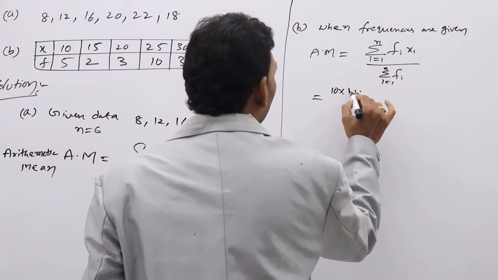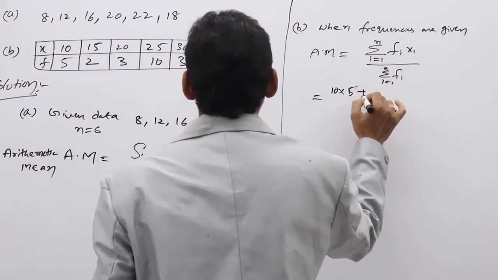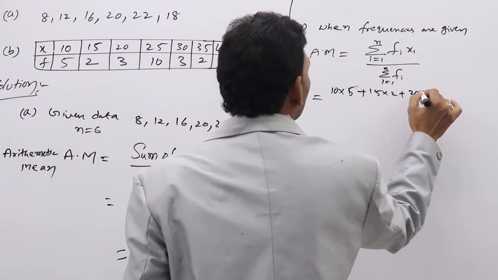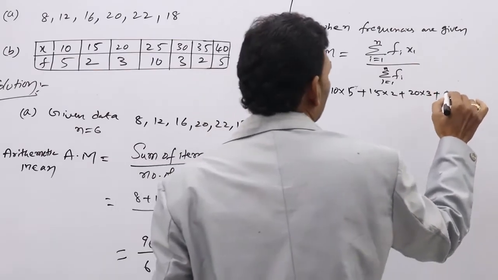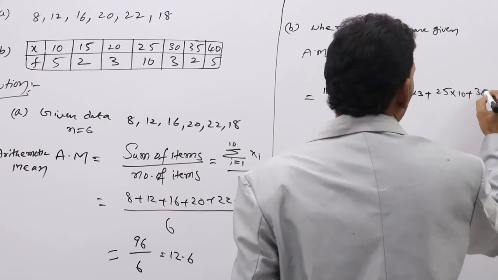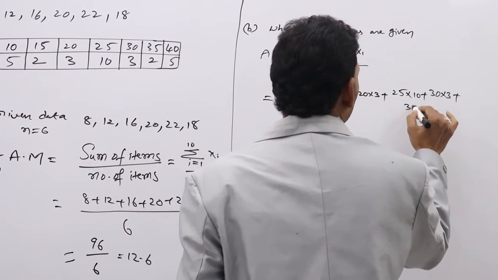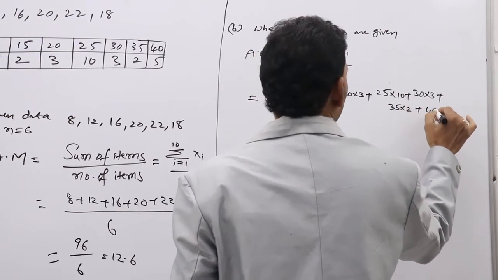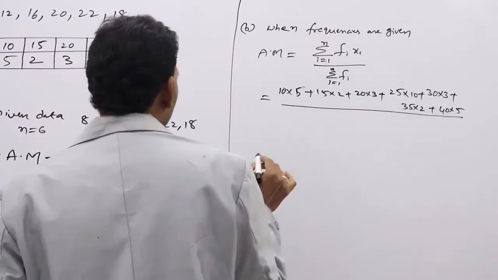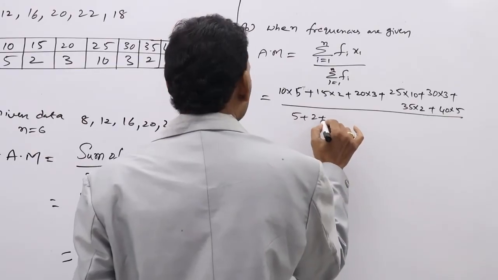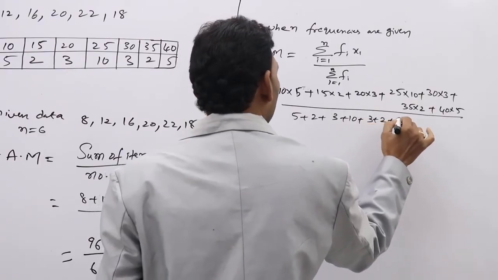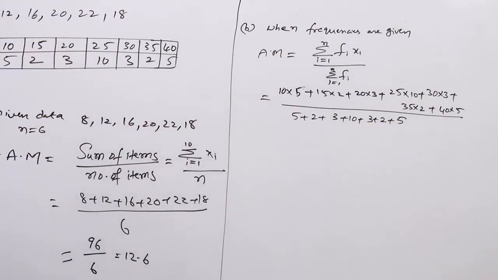10 into 5 plus 15 into 2 plus 20 into 3 plus 25 into 10 plus 30 into 3 plus 35 into 2 plus 40 into 5, by the sum of frequencies: 5 plus 2 plus 3 plus 10 plus 3 plus 2 plus 5.